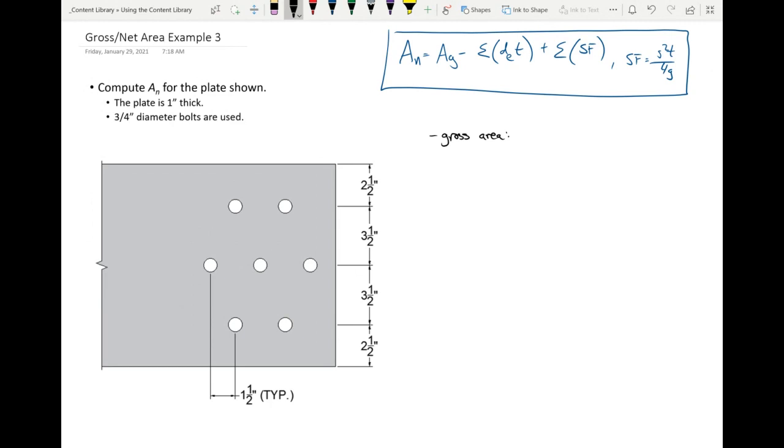What is this dimension right here? Twelve inches, that's right. So what is the gross area?